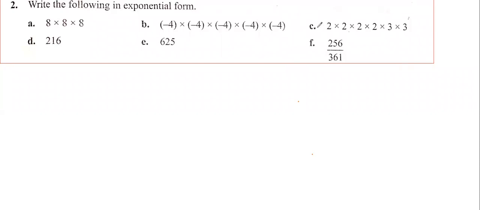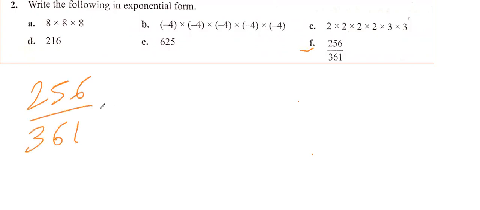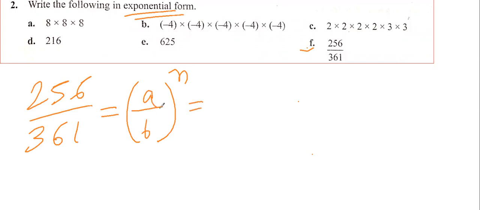Okay, so let me explain the seventh one. So in the seventh one, 256 upon 361. I have to bring it in exponential form. Means what? Something to the power of something. This form I have to bring. So here something could be a by b. So what I'll do, I have to take the factors of 256.